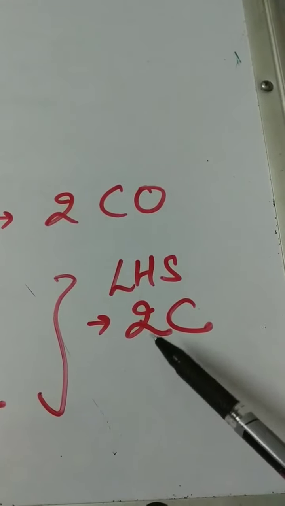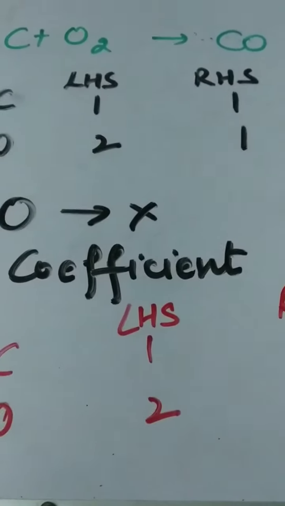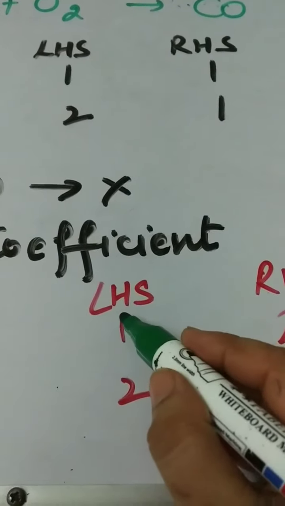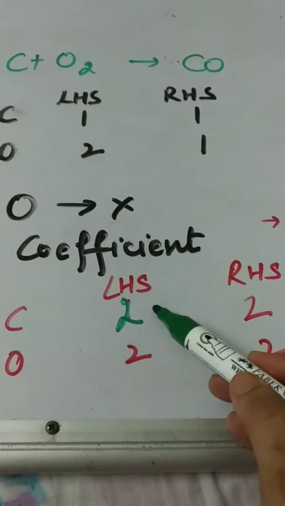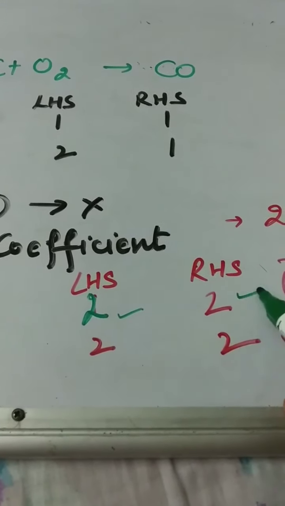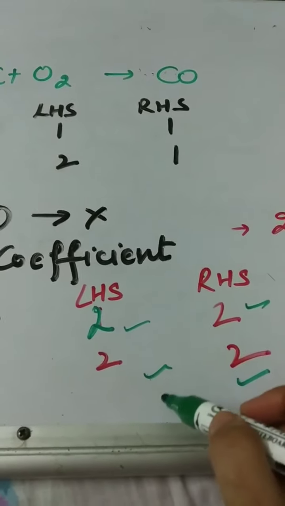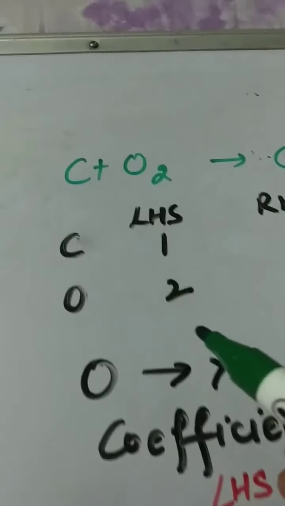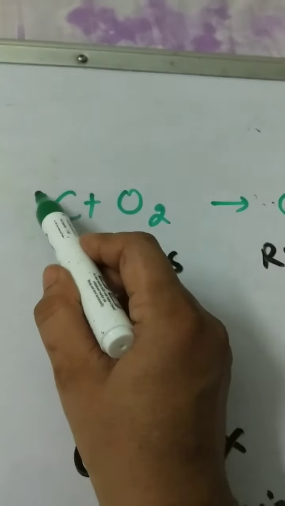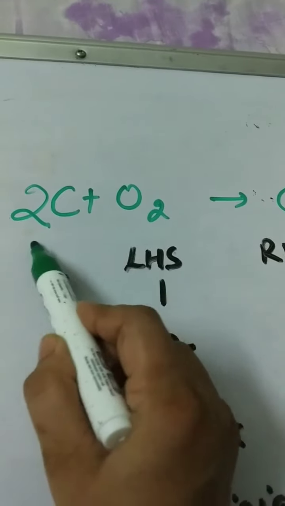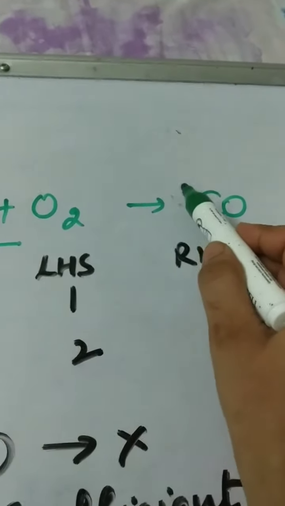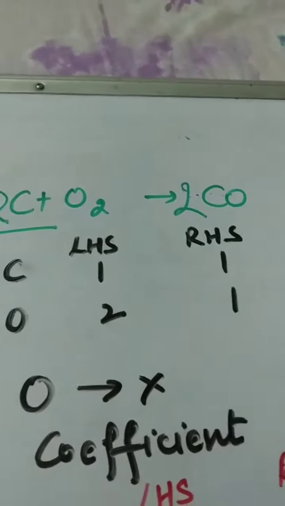When we put 2 in front of carbon, then on the left hand side and right hand side, an equal number of atoms are present. So for balancing this, we will put 2 in front of carbon and 2 as a coefficient in front of carbon monoxide.